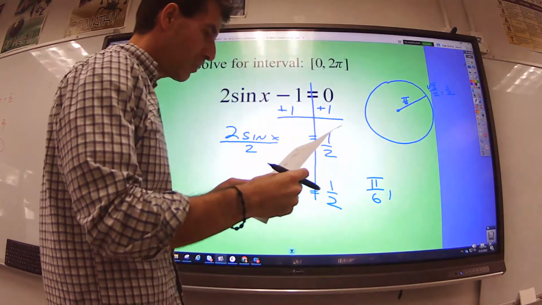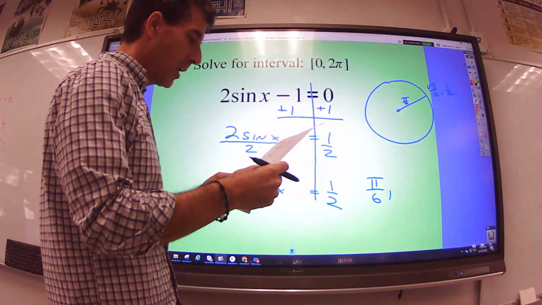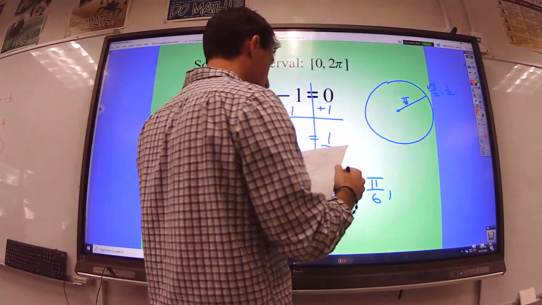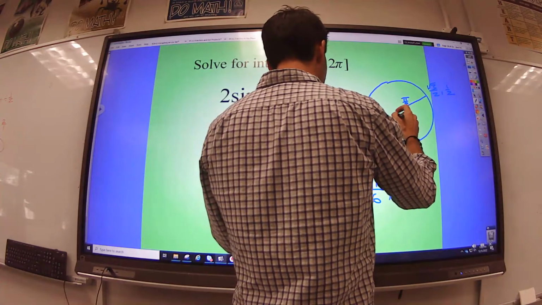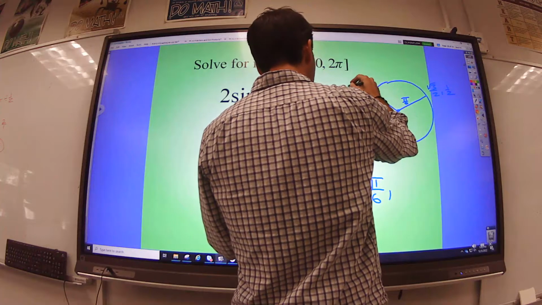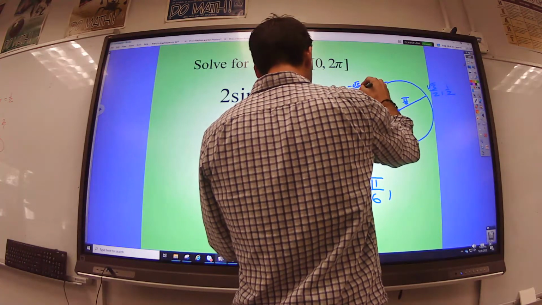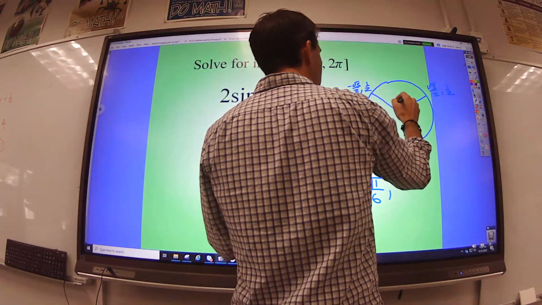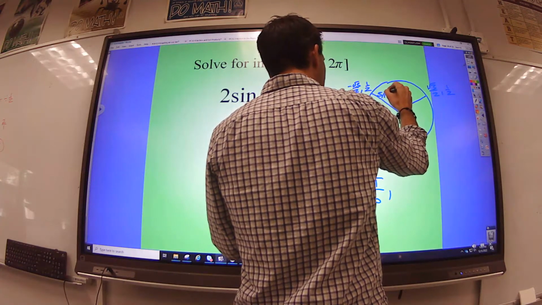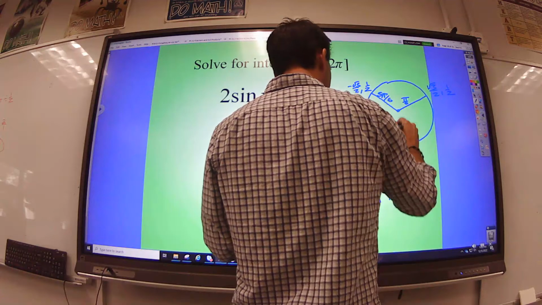But there's another spot where y equals 1/2, which is 5 pi over 6. Adrian, help me out on that one. So I go negative root 3 over 2 times 1/2. And then this is 5 pi over 6.